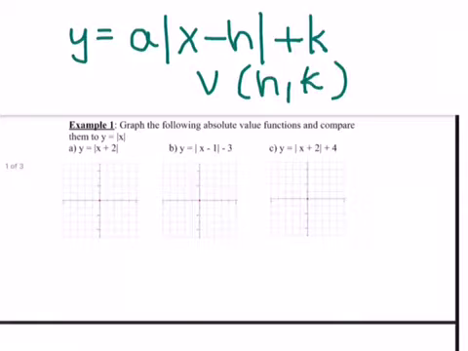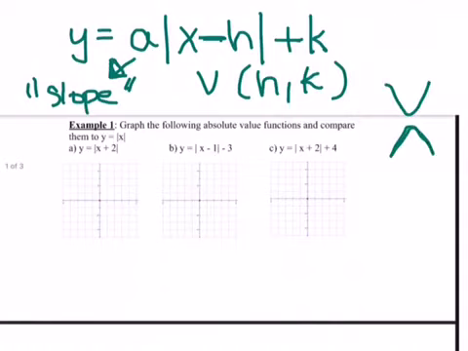What that means is if the minus h becomes a plus h, the number for x was negative. And the a is going to affect how I find my other points. We're going to call it, in quotations, slope. It controls how wide or skinny the V is, and also whether the V opens up or opens down.